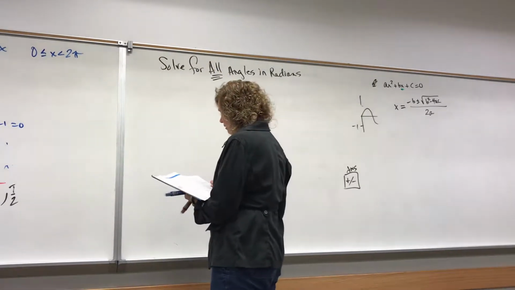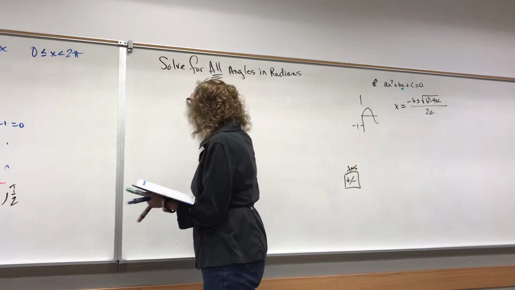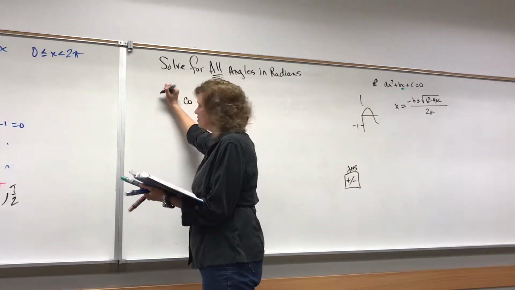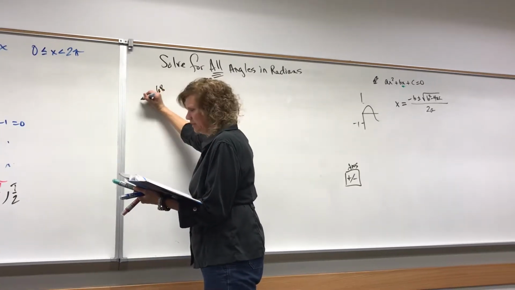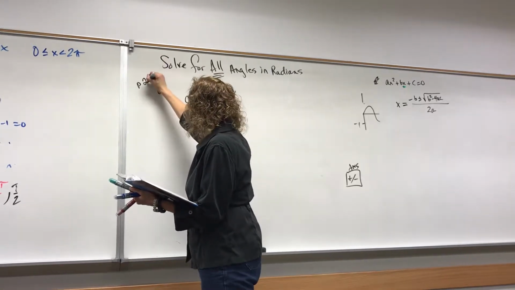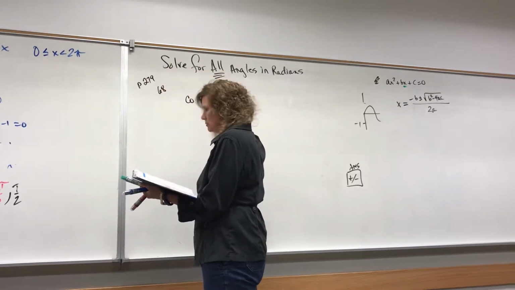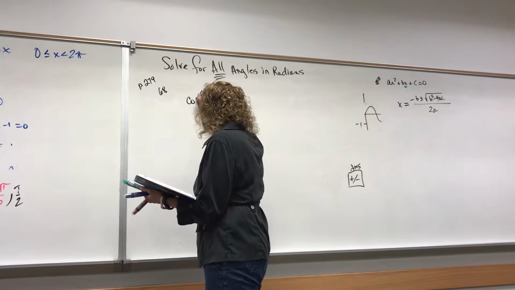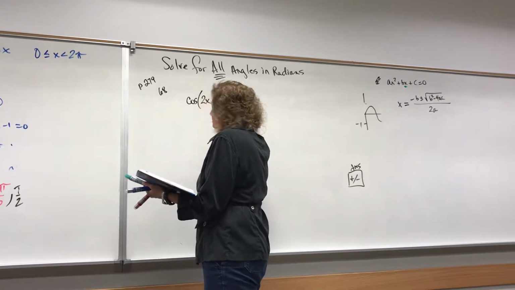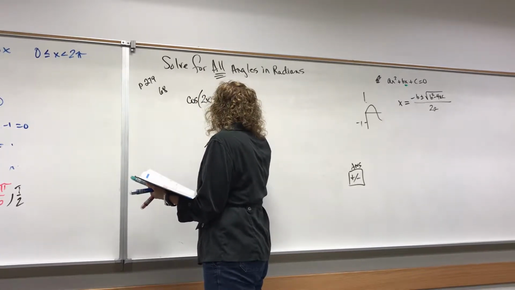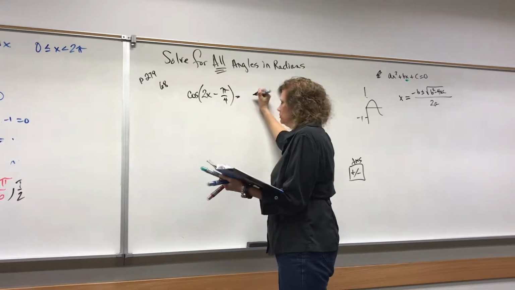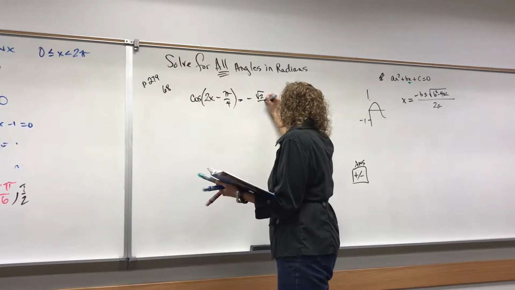Ooh, let's do one like that. Here, let's do this one. This happens to be number 68 on page 279 if you like. Cosine of 2x minus pi over 4 is equal to minus root 2 over 2.